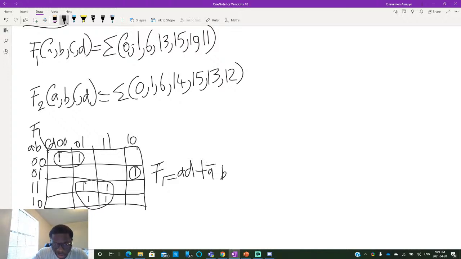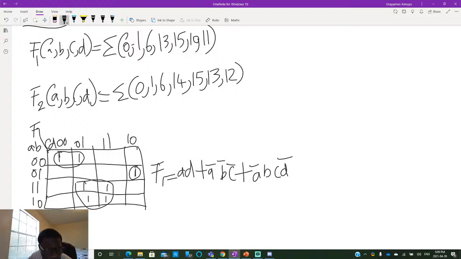I'm just going to use the bar notation since that's what's prevalent now. Okay, let me just check. That is correct. And then for F2, just the same logic.